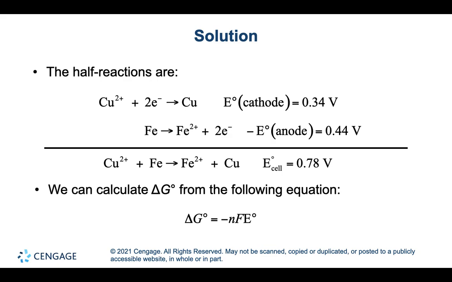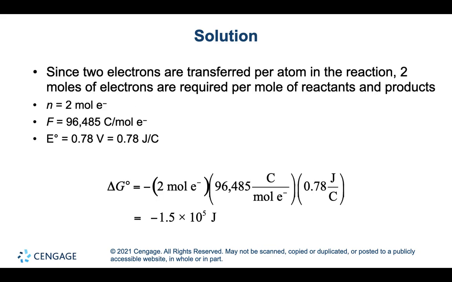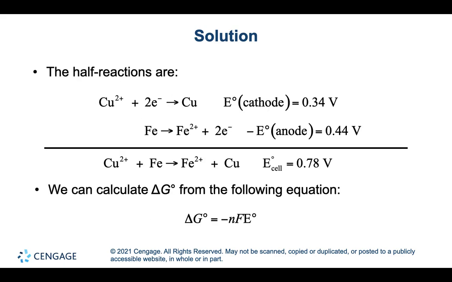Now that can plug into the delta G equation to find the delta G of the reaction. Delta G equals negative nFE. Now n is the number of moles of electrons. If the copper is going from 2+ to neutral, and the iron's neutral to 2+, that's 2 moles of electrons being transferred. Since 2 electrons are transferred per atom, 2 moles are required per mole of atoms, moles of iron and moles of copper.